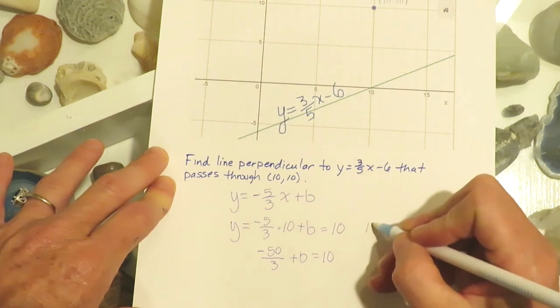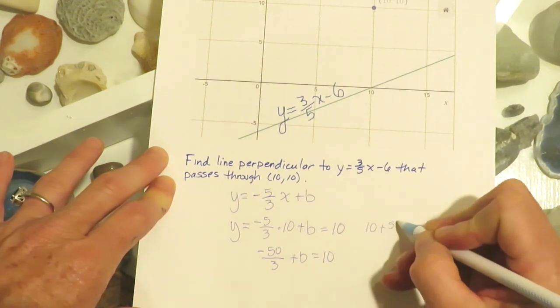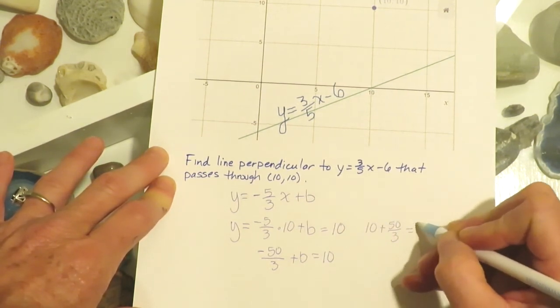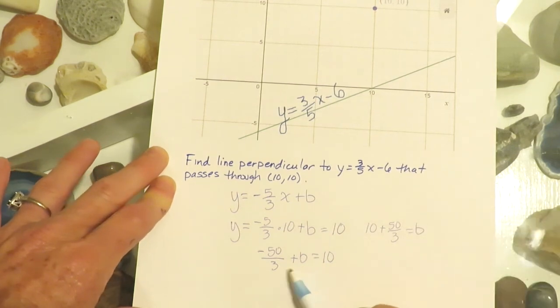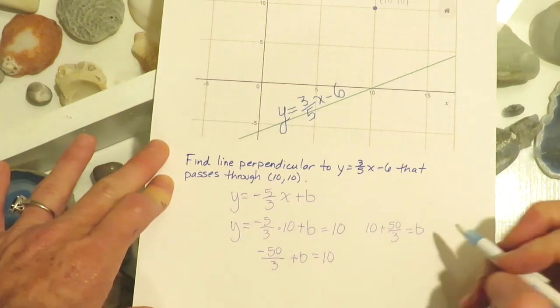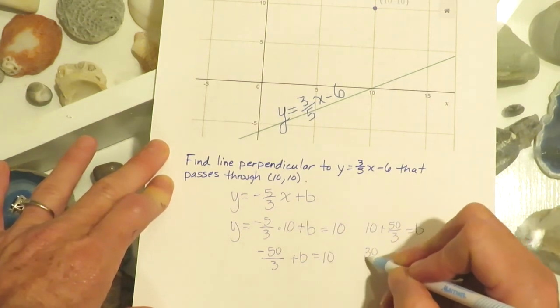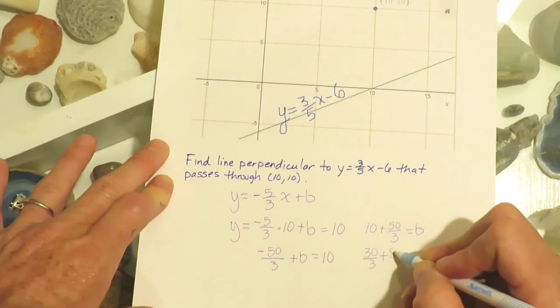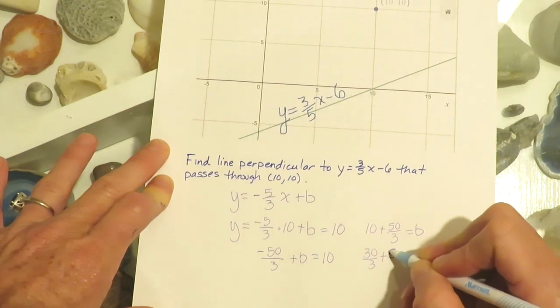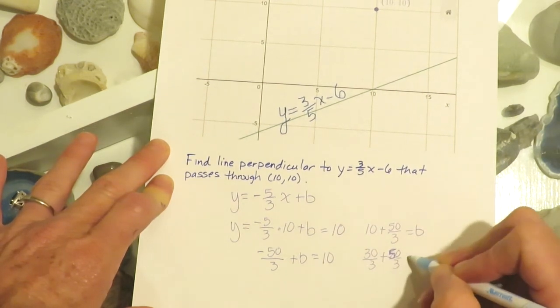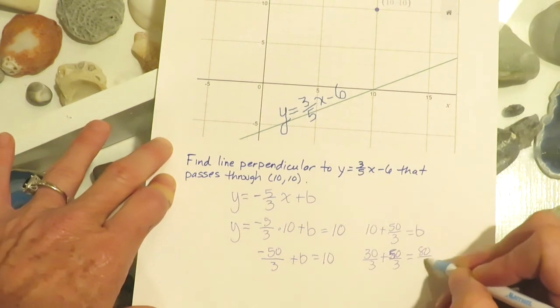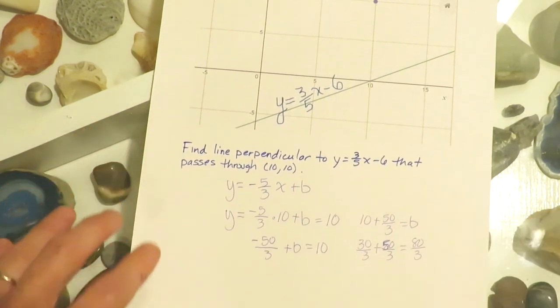Then 10 plus 50/3 will equal b, because I'm trying to get b by itself, so I'll add to cancel the negative 50/3. And 10 is 30/3. If I add 30/3 to 50/3, we get 80/3.